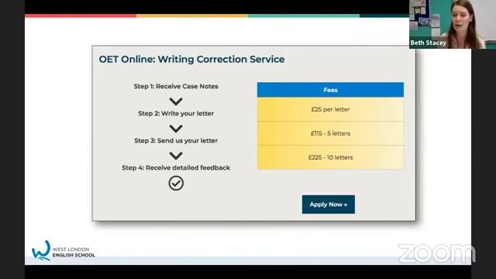It's a really popular option. Just pay for a letter, write your letter, we'll mark it and send it back to you with feedback. All the feedback that we do for writing includes the writing marking criteria. So you'll really know where you are and how you're doing, where you can improve in terms of your level.